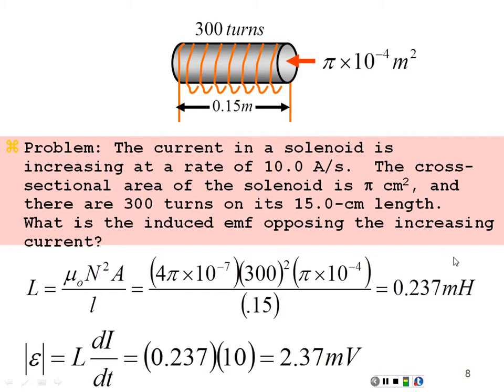Our EMF is proportional to the change in current per time by the inductance, and so that will be 0.237 millihenries times 10 amps per second, the change in current per time, and that will be 2.37 millivolts. So that will be the induced voltage opposing the increasing current.